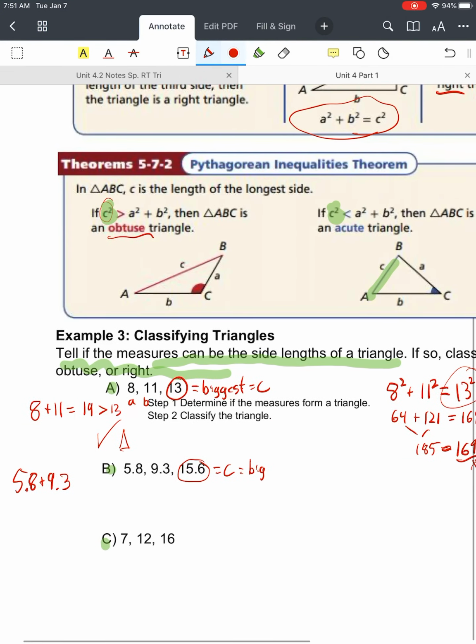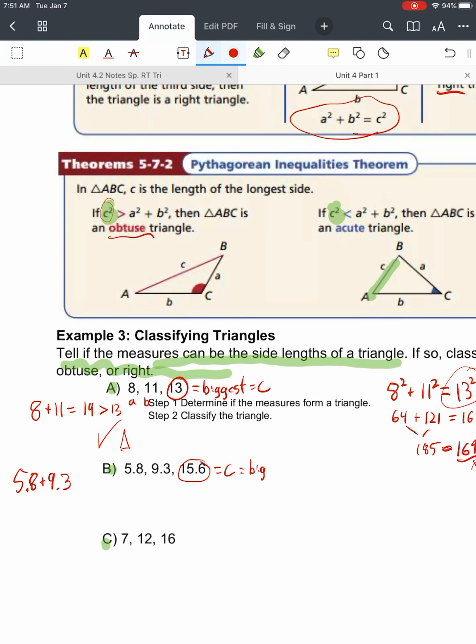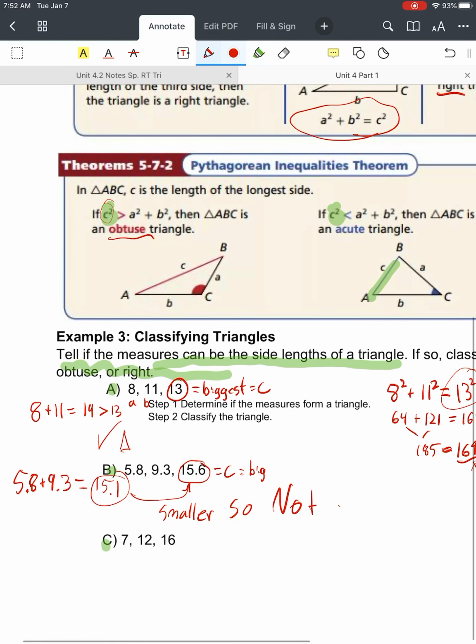If not, then it's not a triangle and we're done. When I add those two numbers together, I get 15.1, and 15.1 is smaller than 15.6. So this is not a triangle.